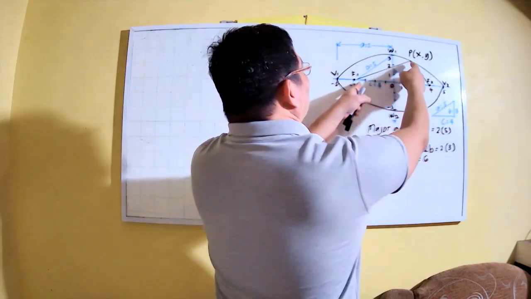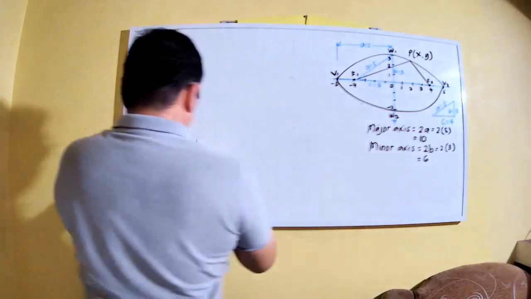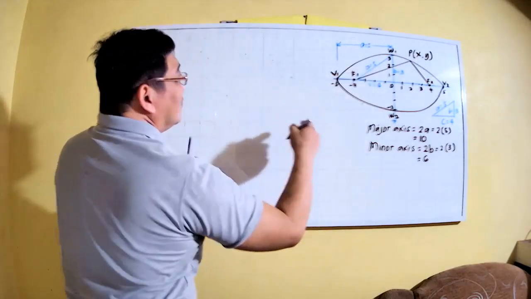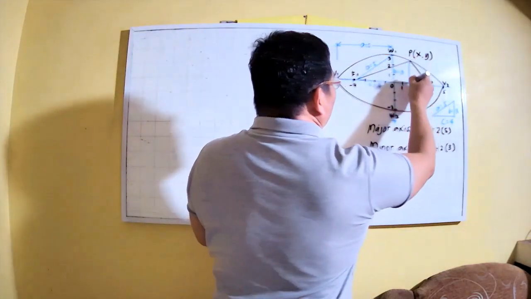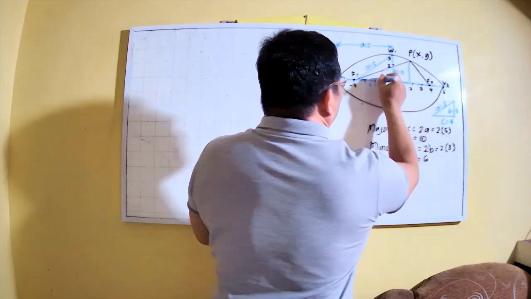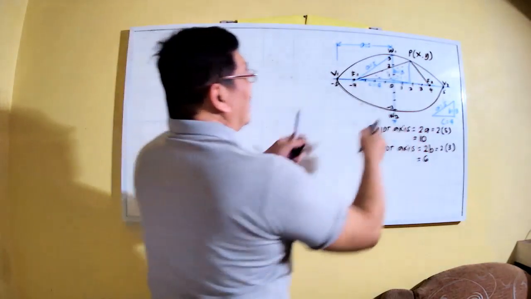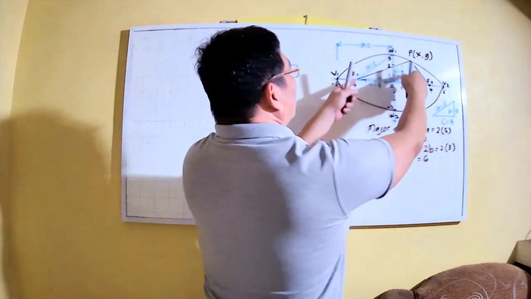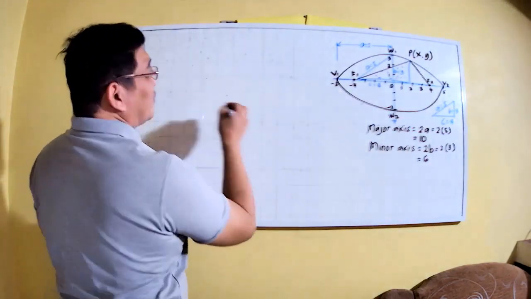So let's start with this distance from F1 to P. Using distance formula, we're going to have a triangle right here. The square of this distance plus the square of this distance is equals to the square of this distance. And square root, that is distance formula.